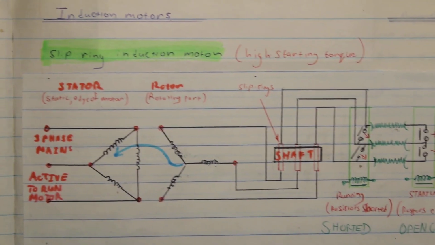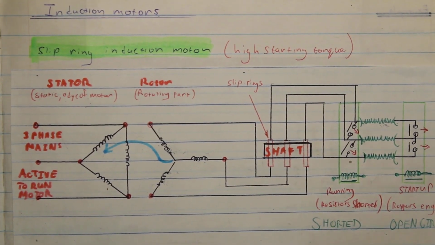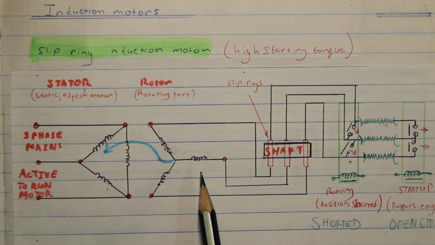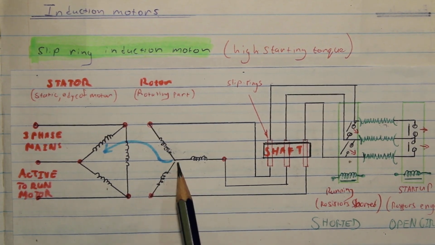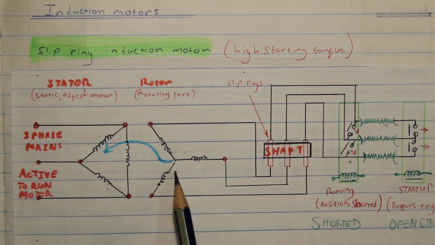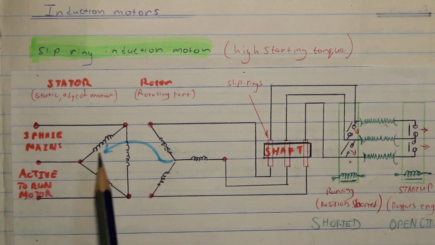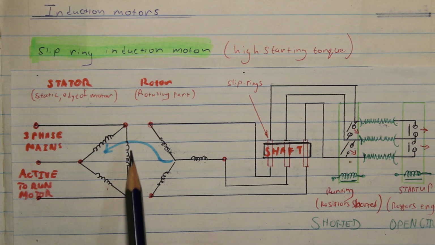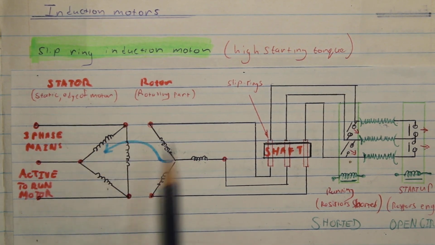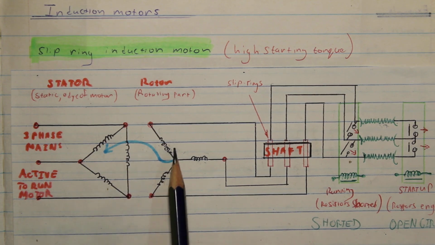So let's look at the picture quickly. When it's at standstill, it means that the rotor is not moving. It's the instant that the motor is turned on, and this rotating magnetic field of the stator is moving at 50 Hertz, and all of that is cutting the rotor because it's standing still.